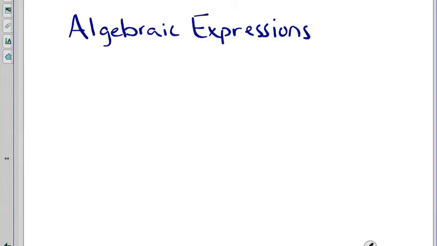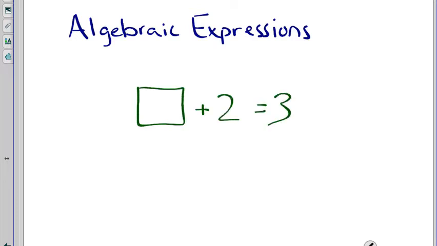But before we talk about algebraic expressions, let's talk about algebraic equations, and I'll tell you why. You see, back in first grade, you kind of did algebraic equations when you did something like the missing number plus 2 equals 3, and you were able to figure out, maybe you had some beads to count, that that missing box needed a value of 1 to make it true.